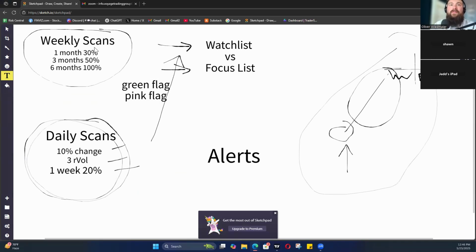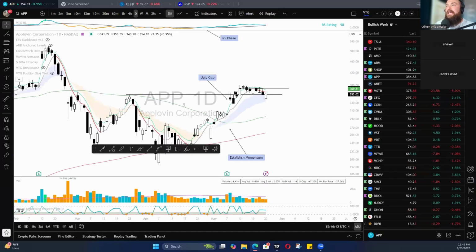So really, I'm working off of three watch lists. The pink flag is my focus list, the green flag is the watch list, but all of these names from the weekly scan get put into one other watch list that I then work out of to identify my favorite green. And then from the favorite green, what qualifies for an entry would get a pink flag. So that's kind of how I do it.